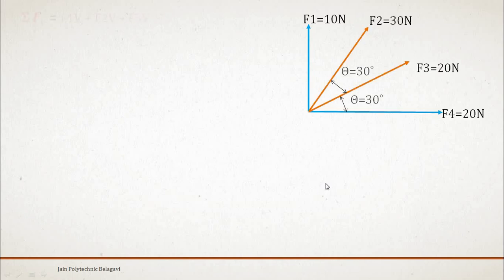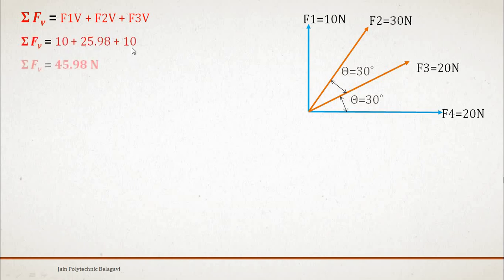Now, taking those formulas into consideration, we are going to find this summation Fv. F1V we know is 10 Newton, F2V is 25.98 and F3V is 10. So totally it gives you the summation of all the vertical forces as 45.98 Newton. Now we will concentrate on all the horizontal forces.